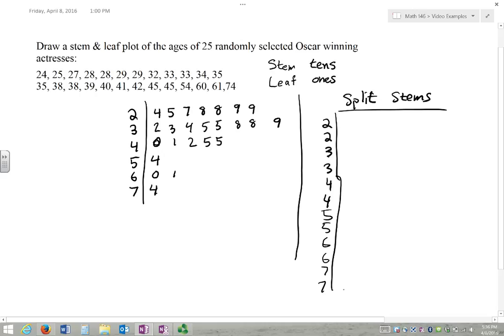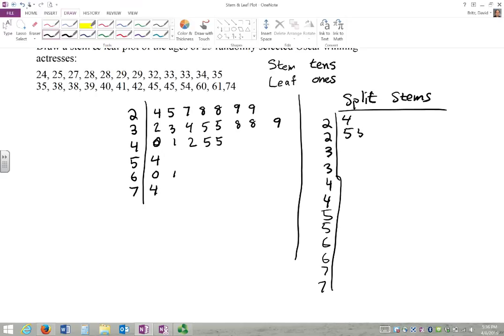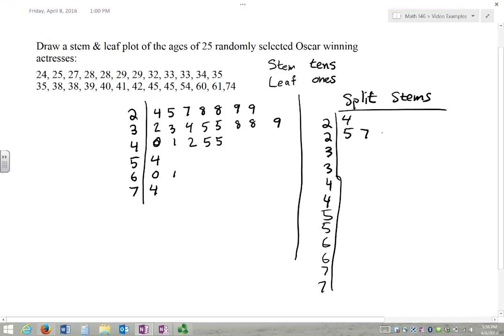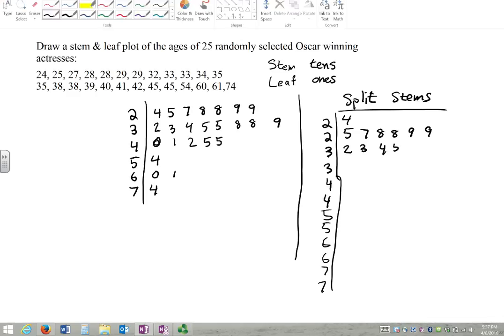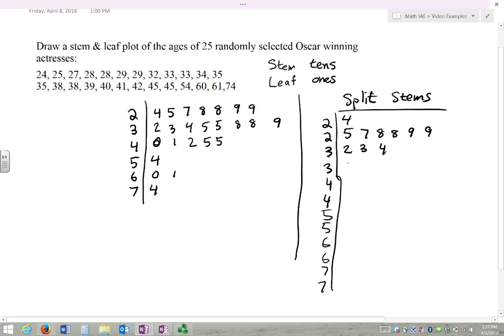So we already have the data in there, we just have to split it. So we have 24, 5, 5 and 7 is next. Then we have 32, 3, 4, and it ends there. 35 goes in the next row.